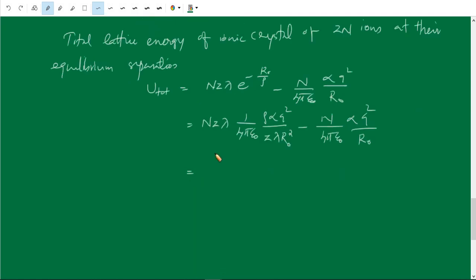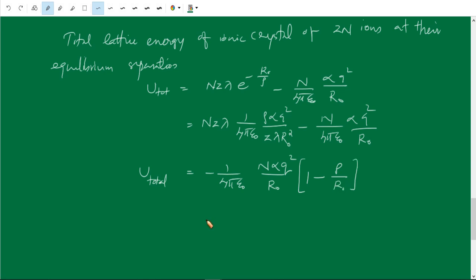This simplifies to U total equal to minus 1 by 4 pi epsilon 0 n alpha q square by r0, taking this common to both terms, times 1 minus rho divided by r0.